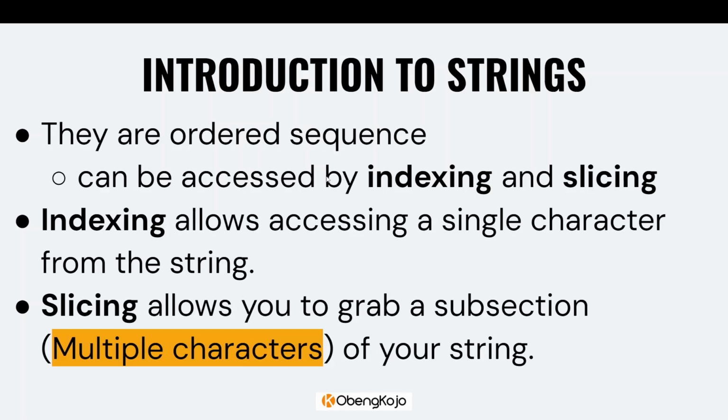So either string indexing or string slicing. The difference is very simple. When we are using indexing, we are accessing just a single character from the string. If we are using slicing, we are accessing a subsection, that is multiple characters from the string. So indexing has to do with just one character, and slicing has to do with two or more characters.